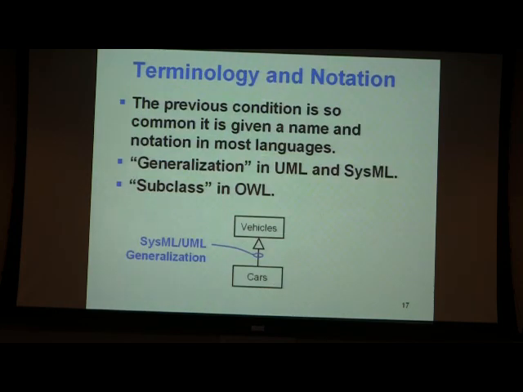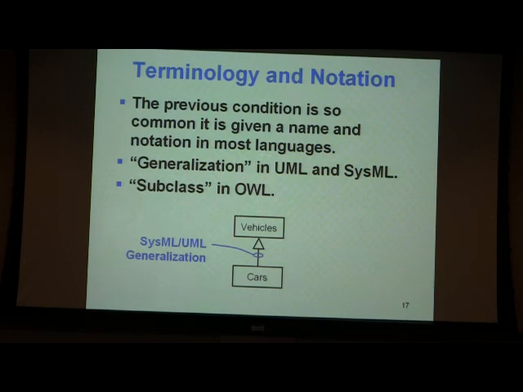And so it's given a particular notation. This is important because I give a separate talk on the software interpretation of this symbol, which is more as inheritance. But from a logical point of view, which UML can be used in, it's meant to mean the condition on the previous slide.